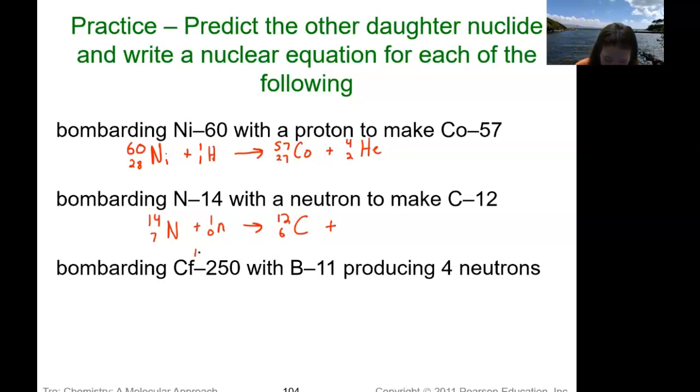So this is 15 over here and 12, so we need 3 on top. We have 7 over here and 6, so we need a 1 on the bottom. So 3, 1, that's a tritium nucleus, right? Okay, try the last one, and then we'll go over it together. Try this last one, and then we'll go over it in just a minute.